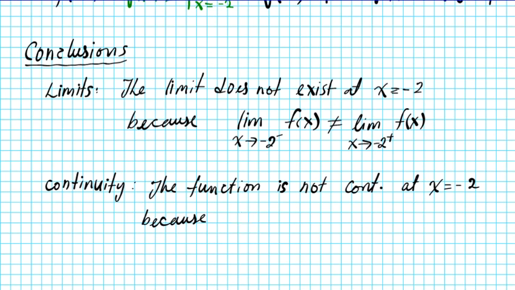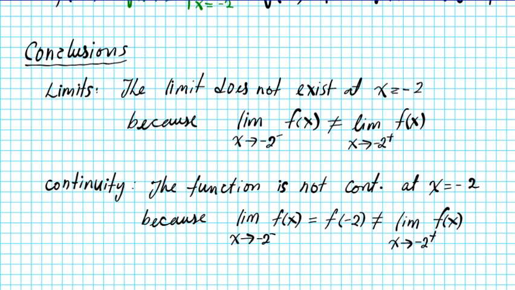Because the left-hand limit of the function, even though it's equal to the value of the function, these two are the same, right? But is that sufficient to conclude continuity? It's equal to the value of the function, but these two are not equal to the right-hand limit. So because of this lack of equality, the function is not continuous.